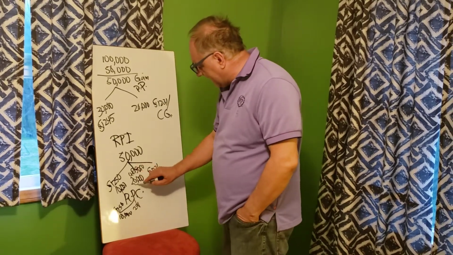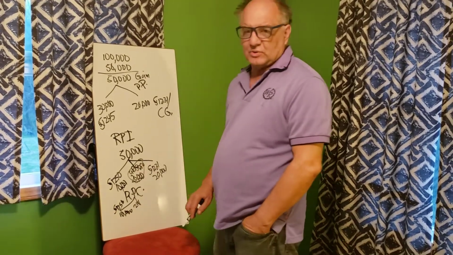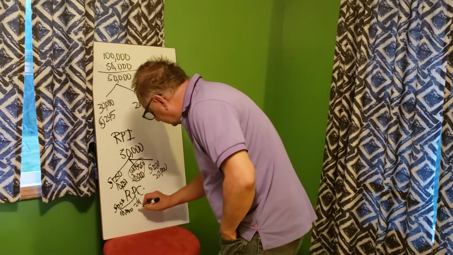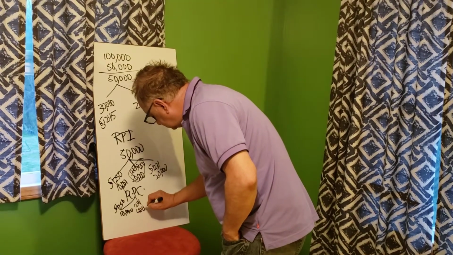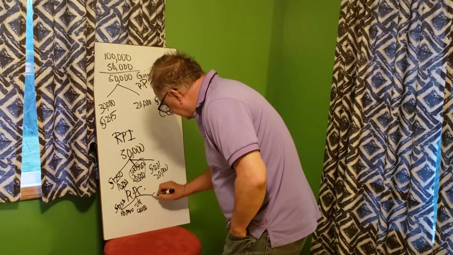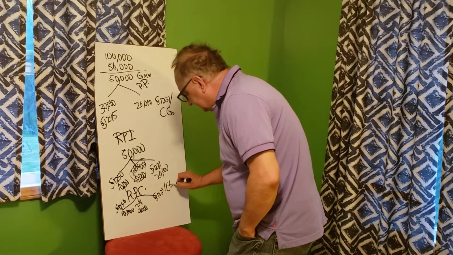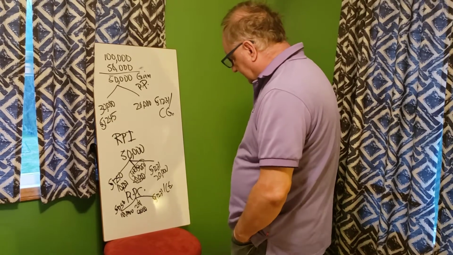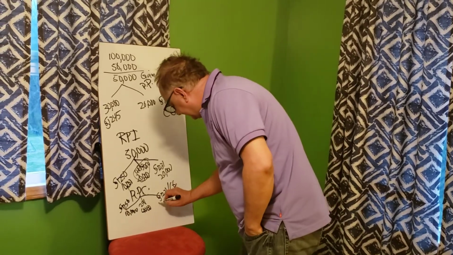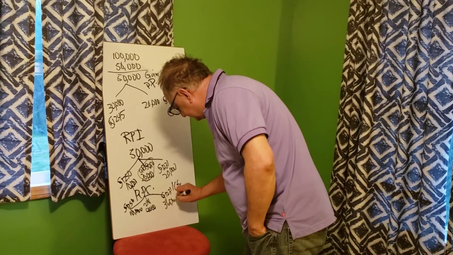Remember, it's this amount times 20%. So this is $4,000. And my section 1231 / capital gain is what's left. I think that's $36,000.